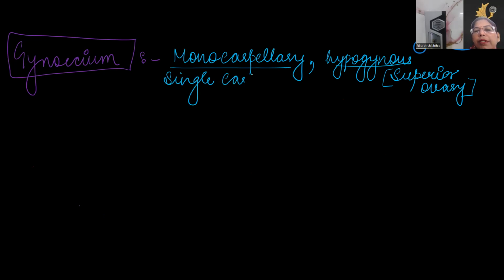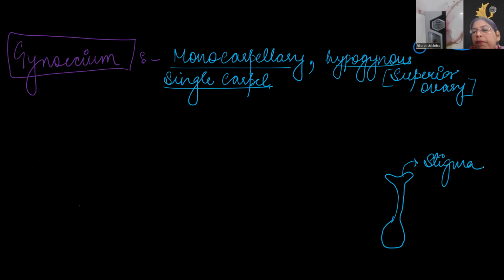Mono means single. A single carpel is present. And each carpel consists of again 3 parts, just like stamen. It includes stigma, style, and ovary. So the exposed part is the stigma. This tube-like part is known as the style, and this part is known as the ovary. Inside the ovary, there is the presence of the ovule.